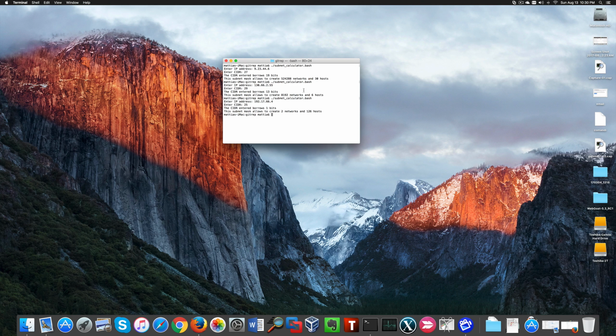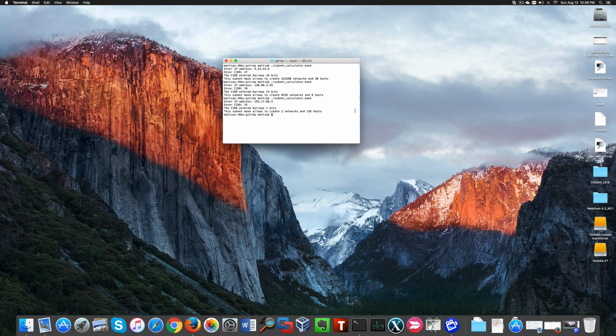In this case, the default subnet mask is a /24, so we borrow 1 bit, and we can create 2 networks only, and 126 hosts because we have 2 to the 7th minus 2, i.e. 126.